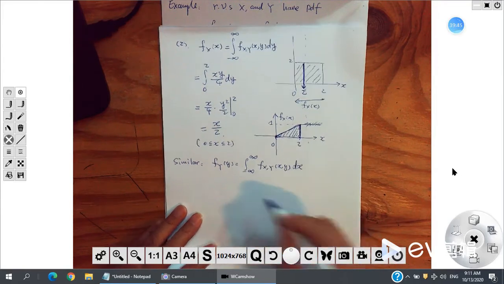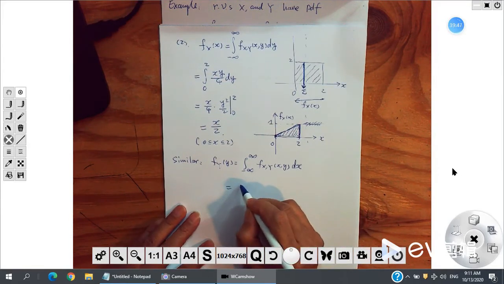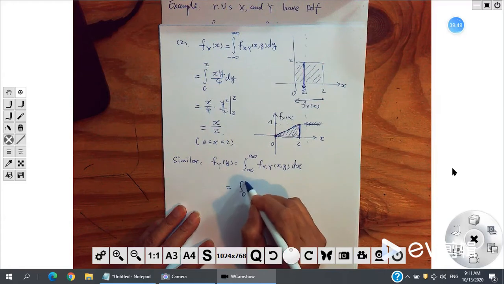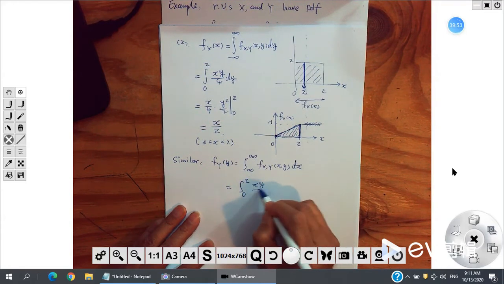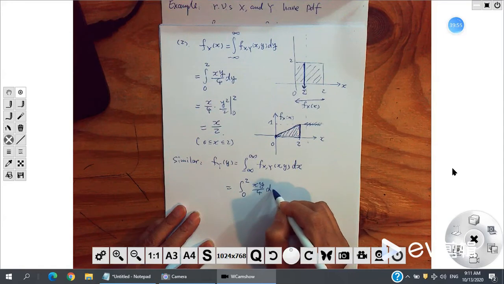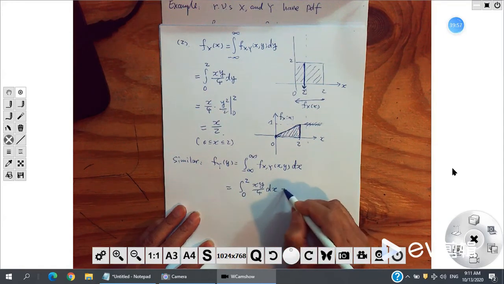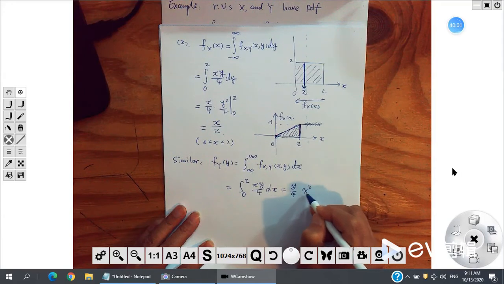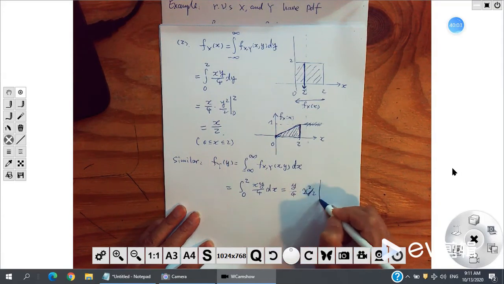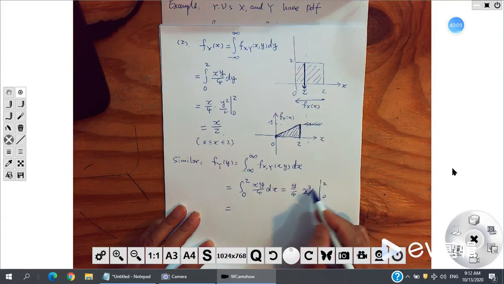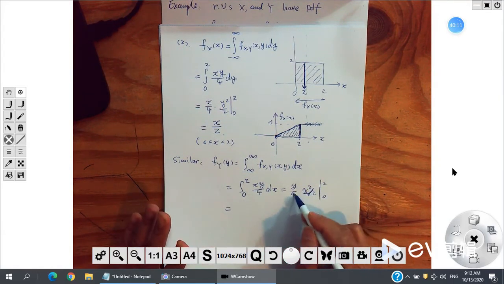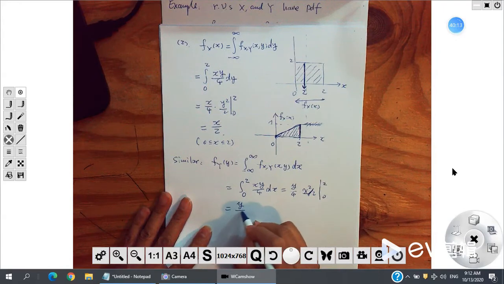Then this will be the integral from 0 to 2 of xy over 4 dx. Now this is y over 4 times x squared over 2, with x running from 0 to 2. It is similar: 2 squared is 4, the 4 cancels, I have 2, so it's y over 2.